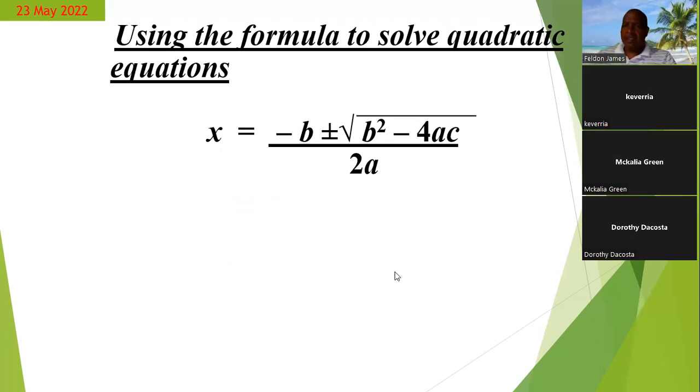All right, so this is what we call the quadratic formula.